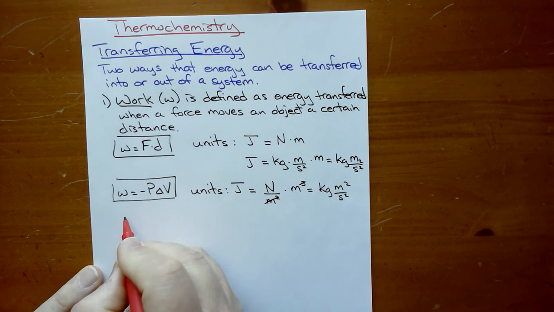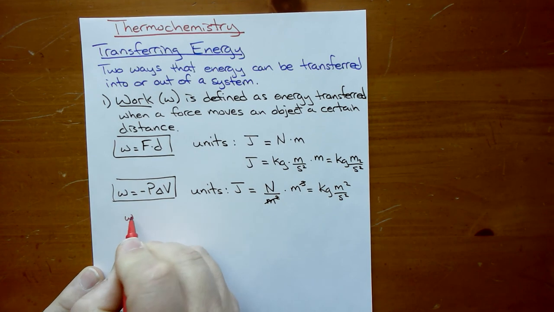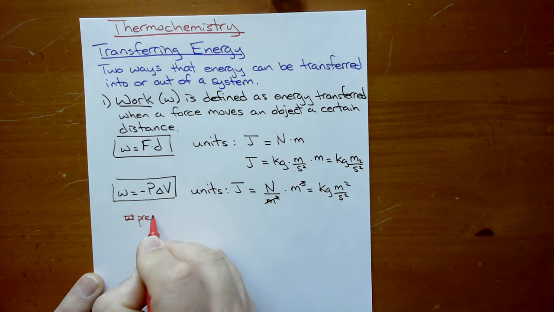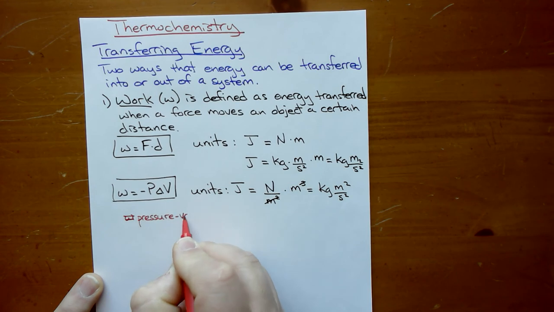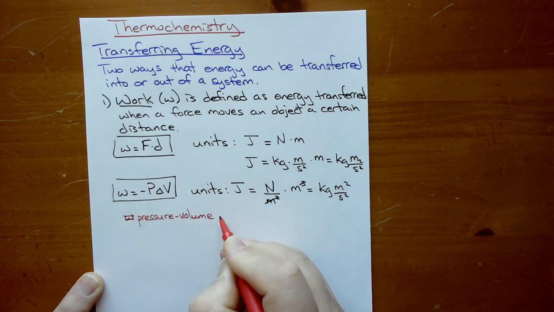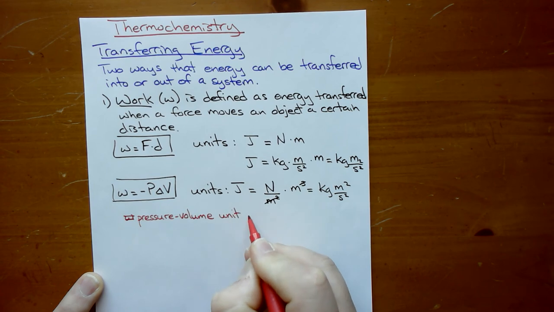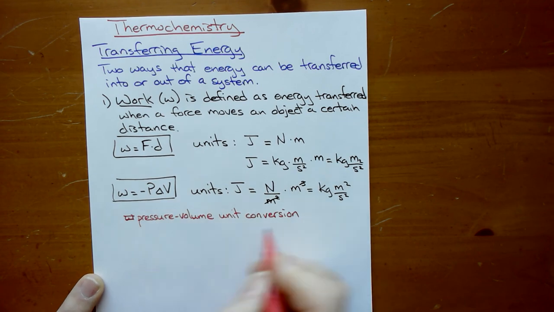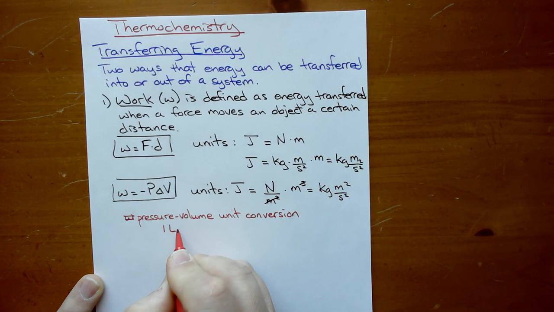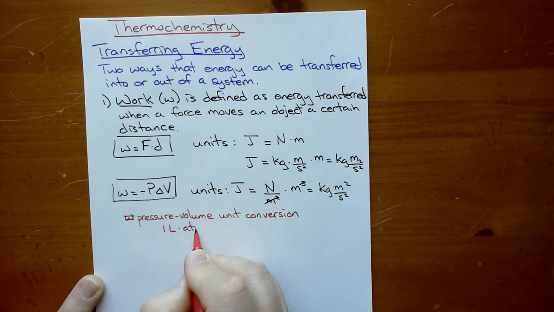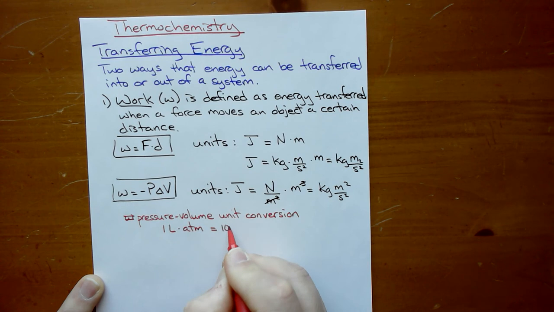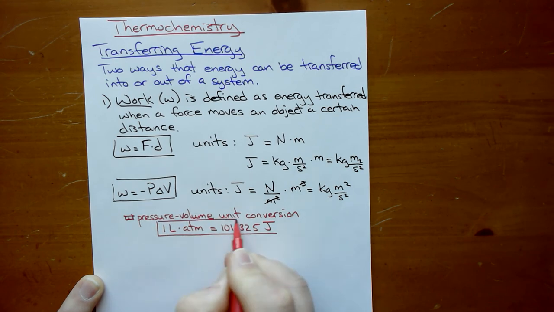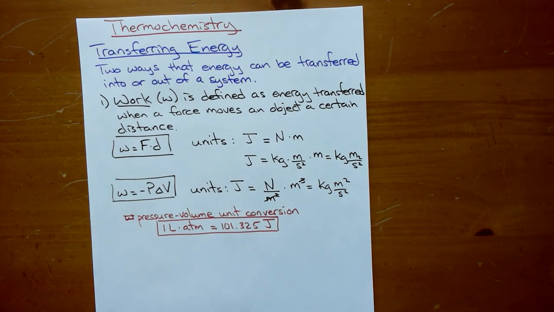The unit conversion for pressure-volume work: 1 liter atmosphere is equal to 101.325 joules. So we have a unit conversion.